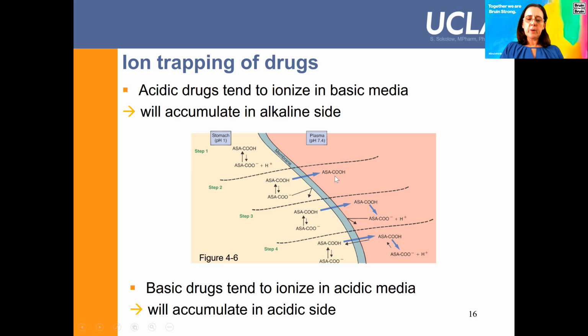And then once it has crossed the membrane, this is step 2. You see step 3, now you have this ionized aspirin that is in the plasma, where the pH is higher, which means it's not really basic, it's more neutral, but it's more basic than the stomach.